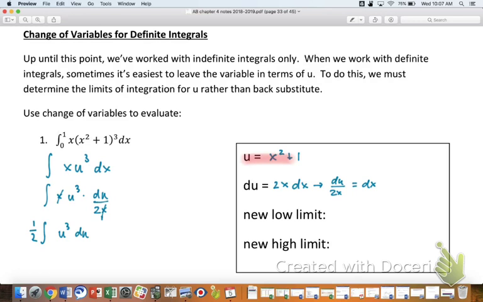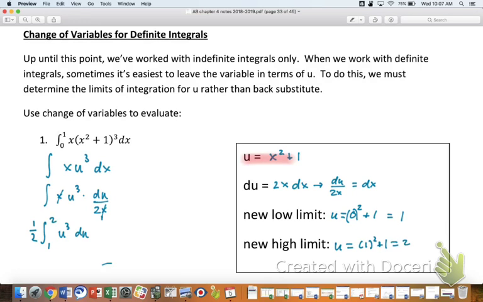So I'm going to say if x is 0, u equals 0 squared plus 1. Of course, that's 1. So my new low limit is 1. What would you guys say the new high limit is? 2, yeah. So u equals 1 squared plus 1, and that's, of course, 2.